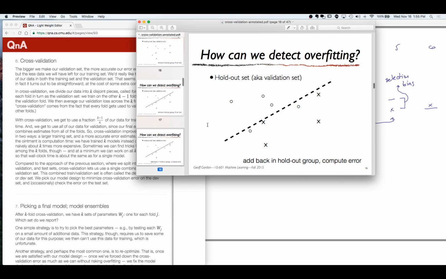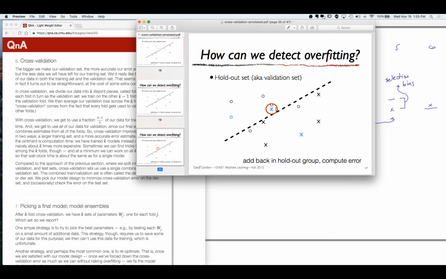And then we can add back in the holdout group, and we can compute the error. Here we're computing classification error. We could perfectly well use mean squared error if we wanted to. So here's a classification non-error, a correct point. It's on the 0 side. Here's another one we got right because it's on the 1 side.